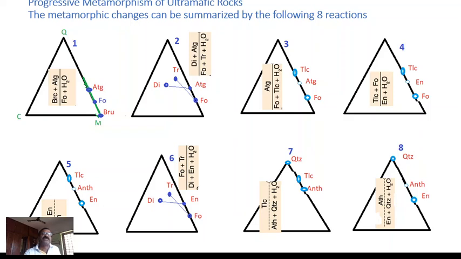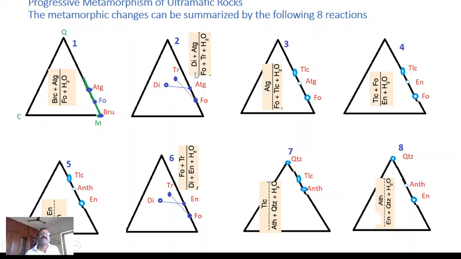So the first reaction is, here you can see the brucite plus antigorite gives forsterite. So this is the first reaction you should write. Maybe in the greenschist phase, this is what is happening. Brucite plus antigorite gives forsterite plus water.